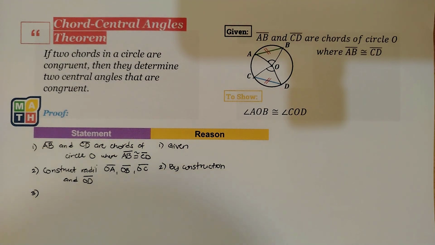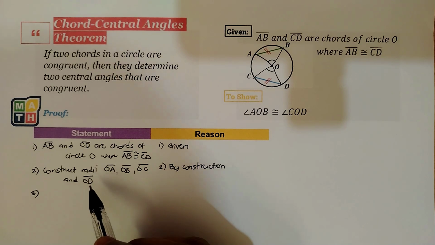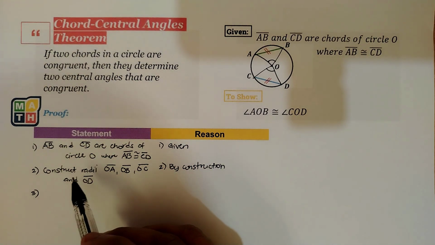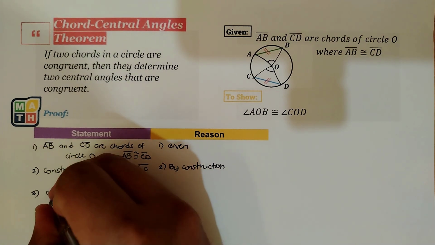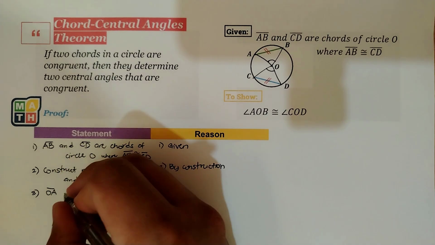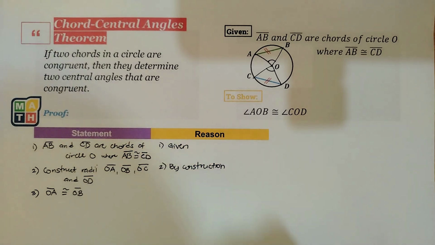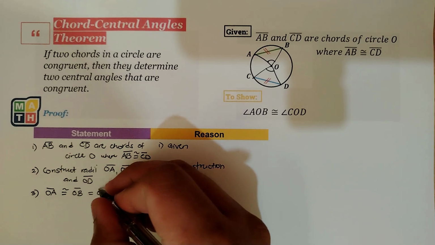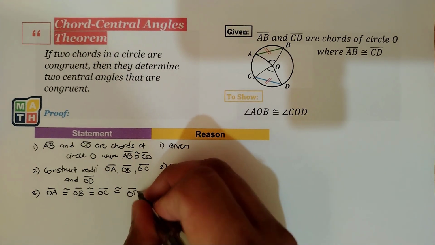Since this is on radius, let's also apply here the continuation, in connection with step 2. So we can establish here that segment OA is congruent to segment OB, and congruent to segment OC, and also congruent to segment OD.